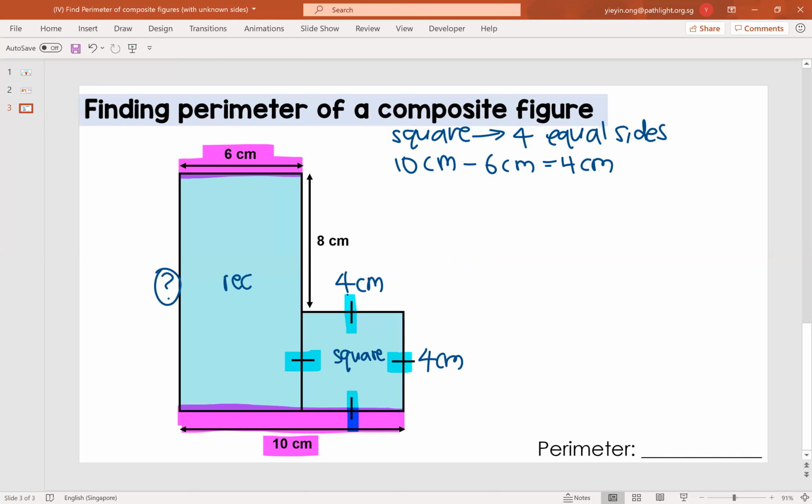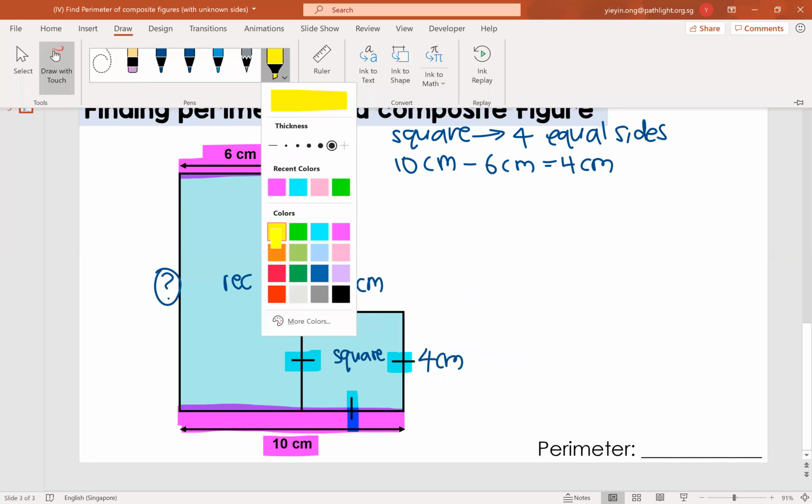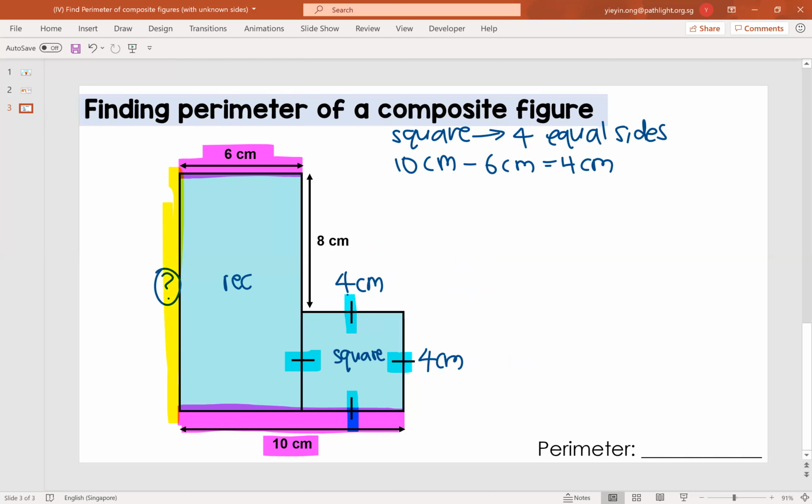Now we are just left with one more unknown side, the question mark on the left. So this highlighted question mark in yellow is made up of 2 parts. You look across to the right, it's made up of this 8 cm part and this 4 cm part, which is the side of the square.